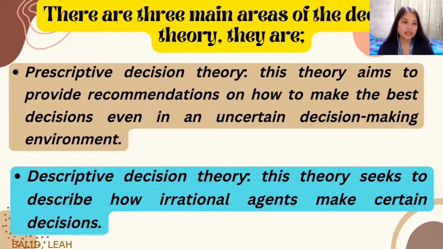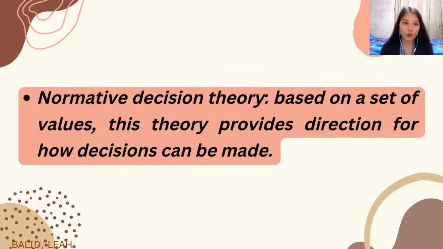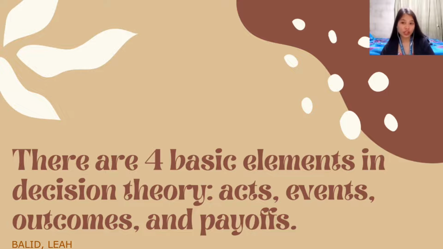This theory seeks to describe how rational or irrational agents make certain decisions. And the third one is normative decision theory. It is based on a set of values. This theory provides direction for how decisions can be made. Of course, there are also four basic elements in decision theory: the acts, events, outcomes, and payoffs.